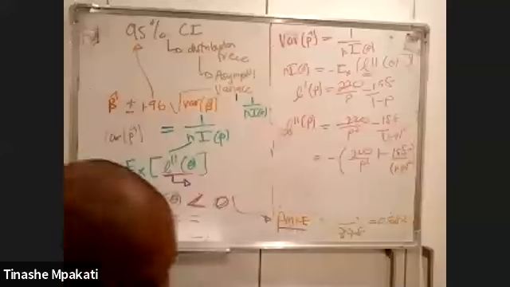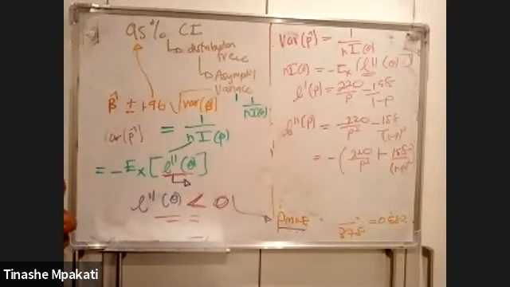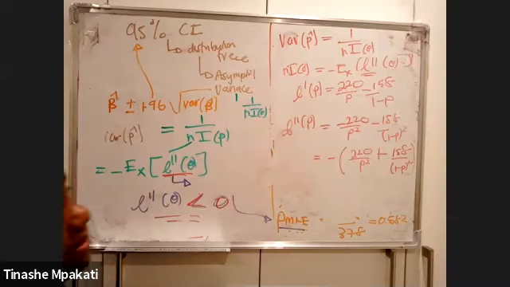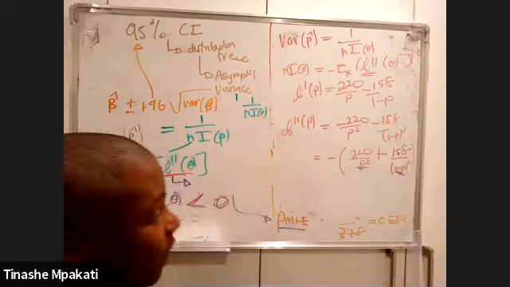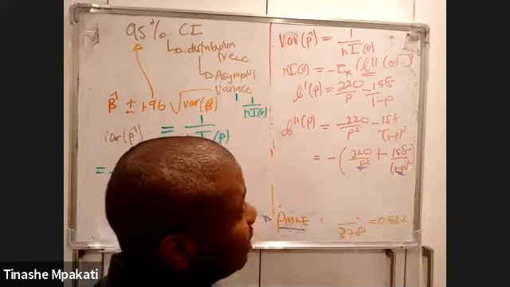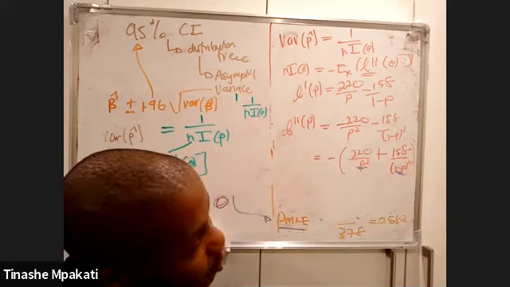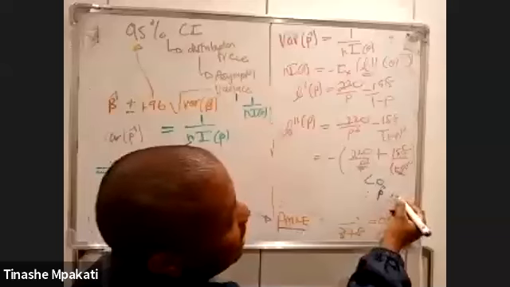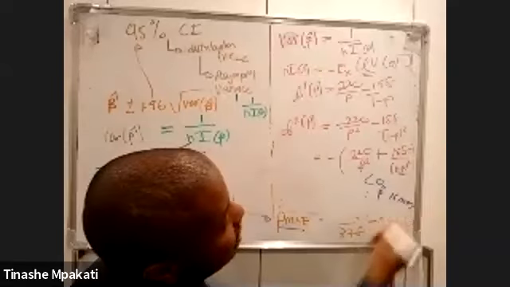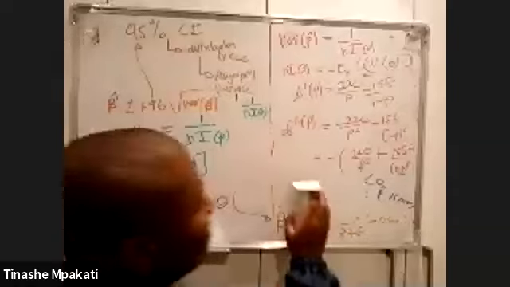The reason I wrote it that way is for a case where you want to show that this is actually less than 0. Because remember, we already know what our P is, so you can even go as far as substituting it to find that the answer you get here is less than 0, hence the P that we have there is a maximum. But at this point, that's not exactly what we are interested in.